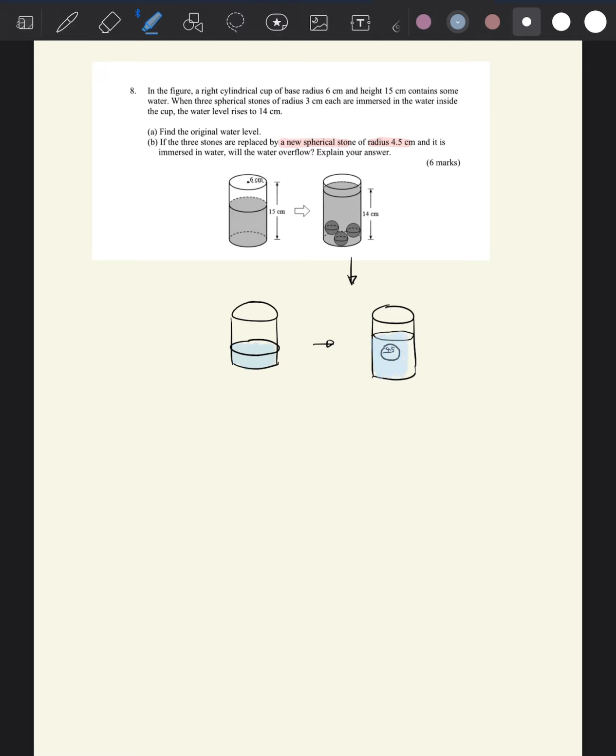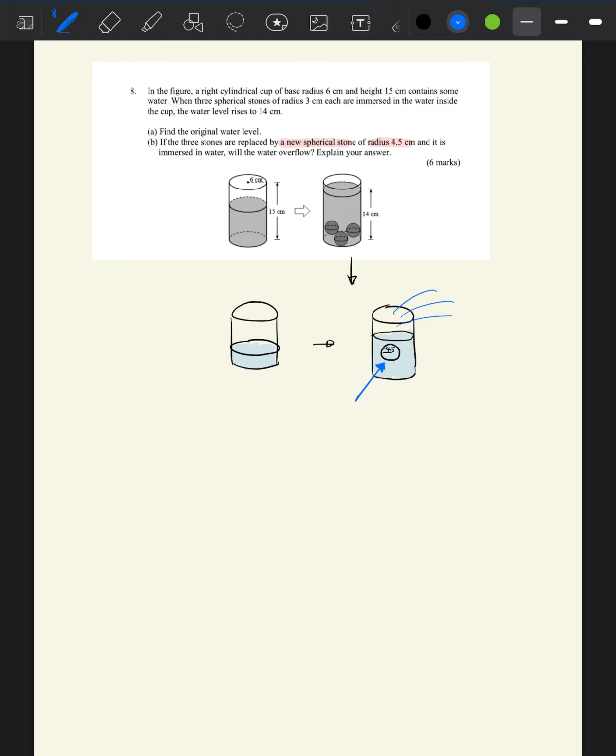So now it asks you, and this stone here is immersed in the water, so will the water overflow? And explain your answer. When it asks you will the water overflow, it means will the water spill out? And it really depends on this stone here.